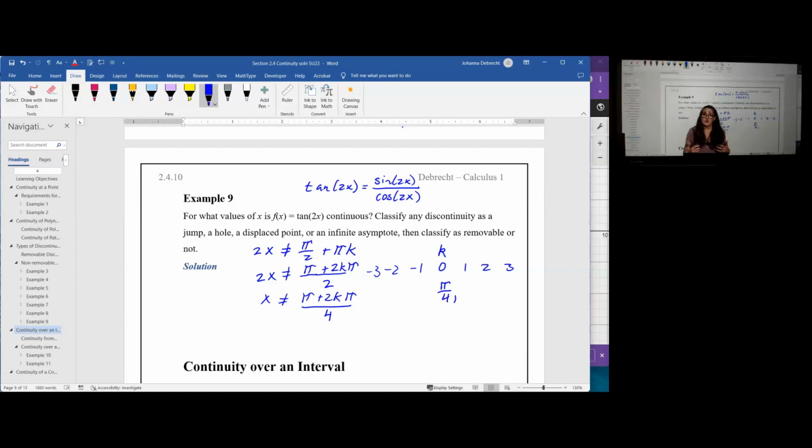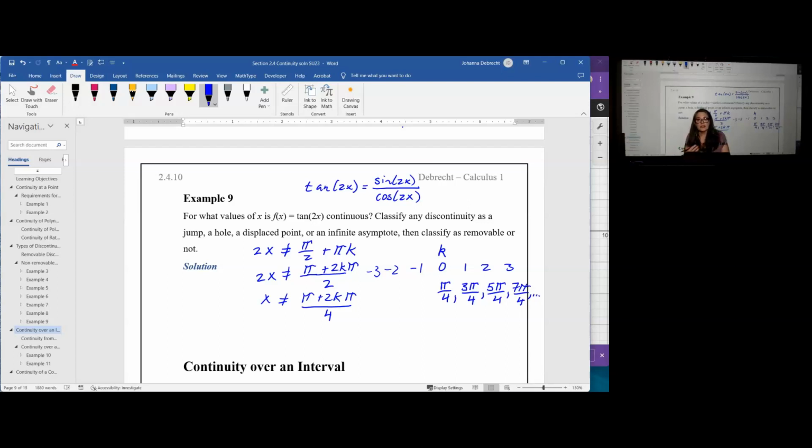When k is 1, I'm adding another 2 pi to the numerator, so I get 3 pi over 4. A pattern develops where you're adding 2 pi to the numerator each time. So I get 5 pi over 4, 7 pi over 4, moving to the right forever.